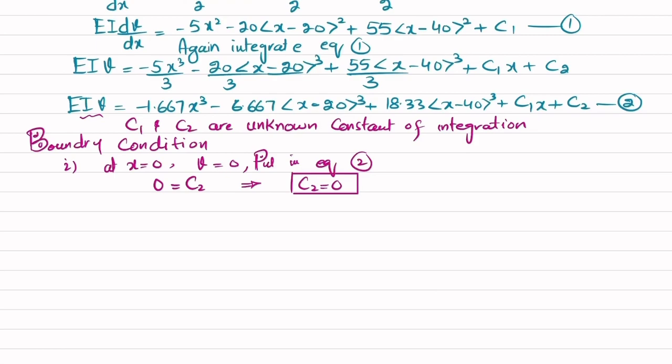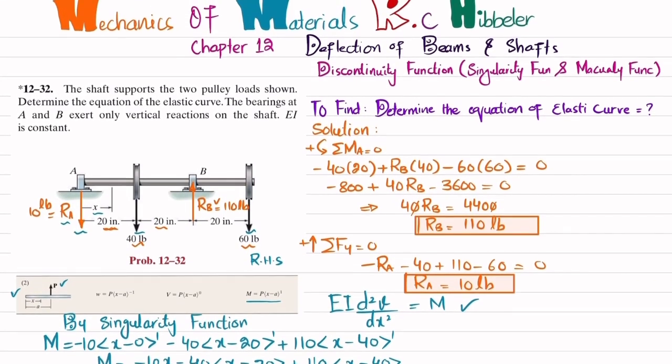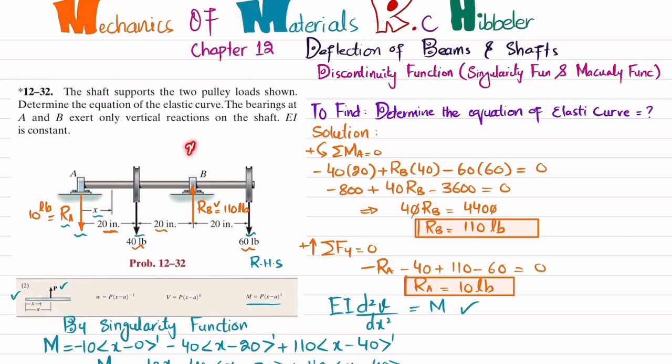Now we will use another boundary condition, and the second boundary condition is that at x is equal to 40 inch we have deflection equal to 0. So let me show you. Here you can see that x is equal to 40 inch. This is the x. So here we have deflection also 0 because this shaft is in a bearing.